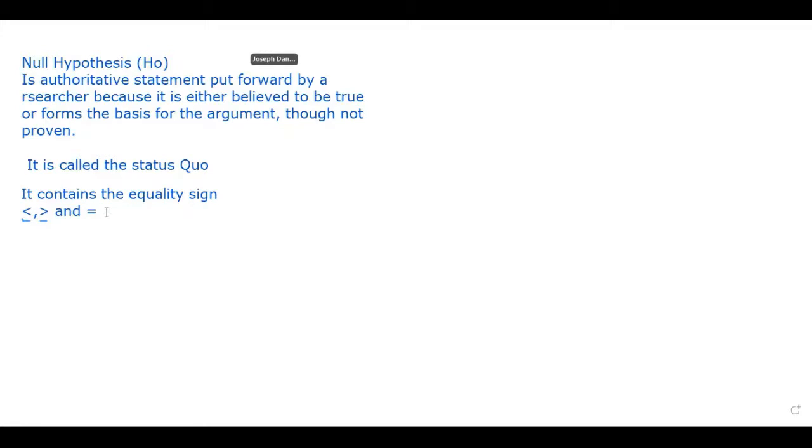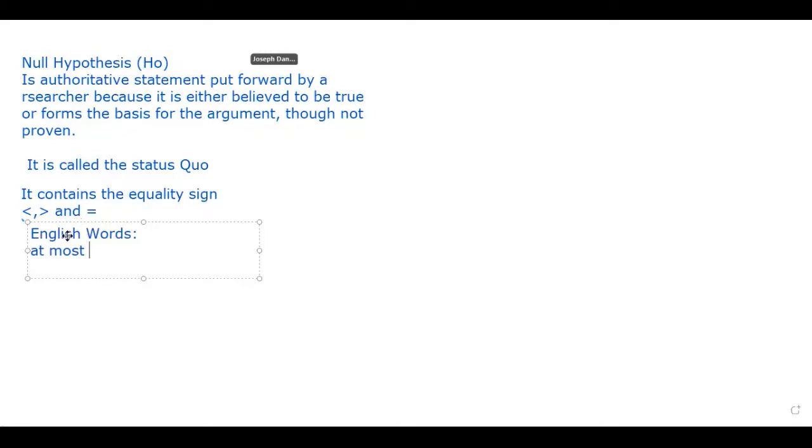And we also have some English words. When you see them in a hypothesis question, they will help you identify that this one is the null hypothesis. So first of all, we have at most. You get it? At most. And at most is which sign? At most means that you can't exceed it.